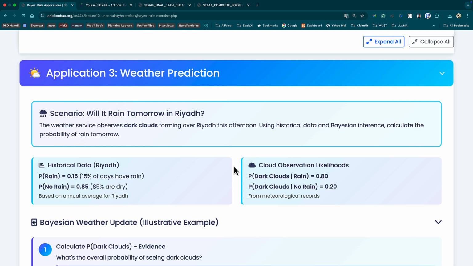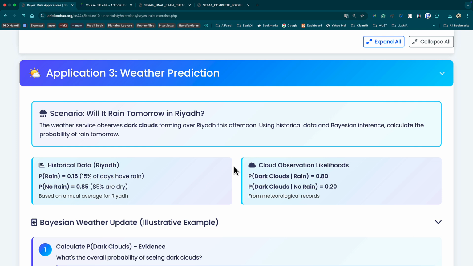Now we have the weather service observed dark clouds forming over Riyadh this afternoon, like it's today. Using historical data and Bayesian inference, calculate the probability of rain tomorrow. So let's assume that we have historical data that is collected. Over the year, 15% it can rain over Riyadh and 85% of the days it doesn't rain.